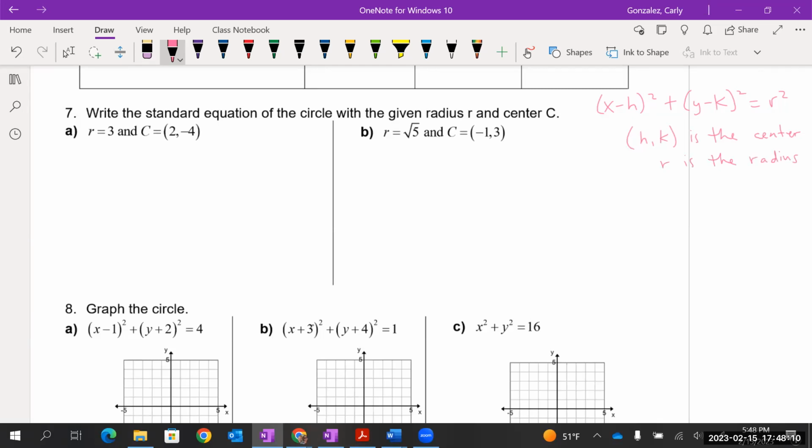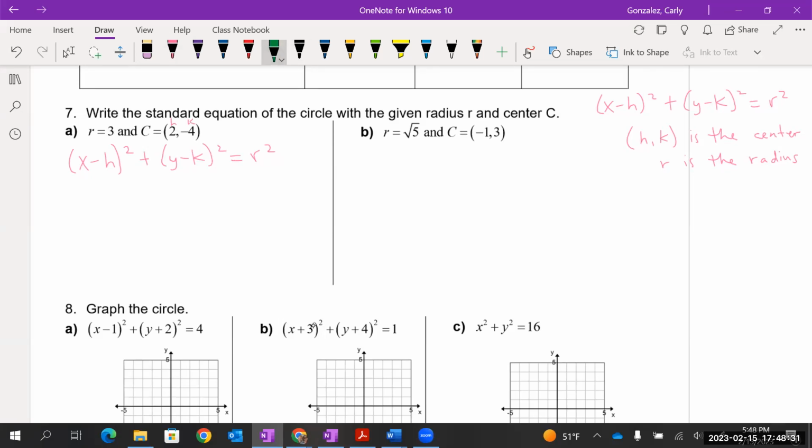So let's go ahead. I'm going to write out that formula in its entirety. x minus h squared plus y minus k squared equals r squared. So we have our h and k from the center.